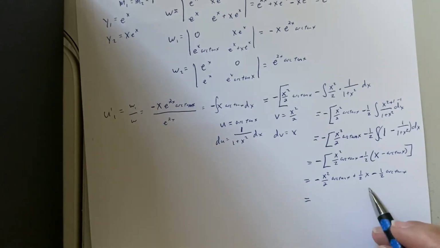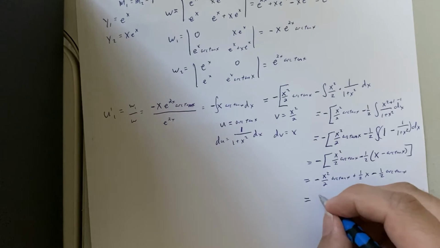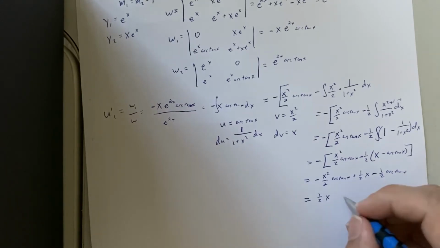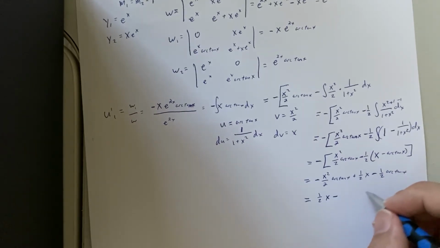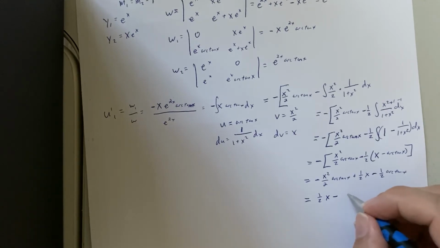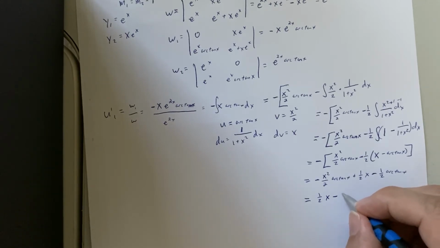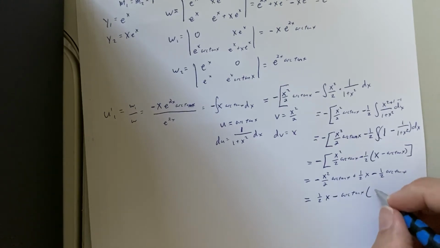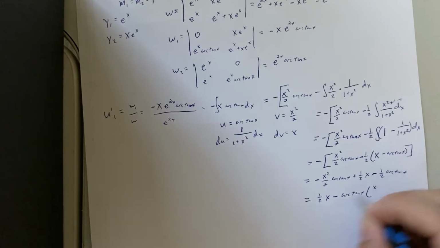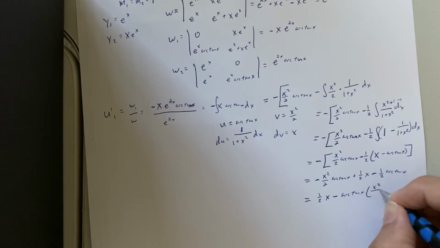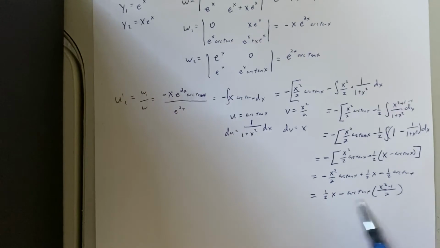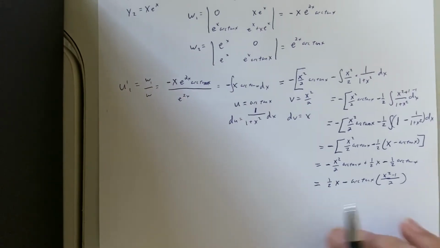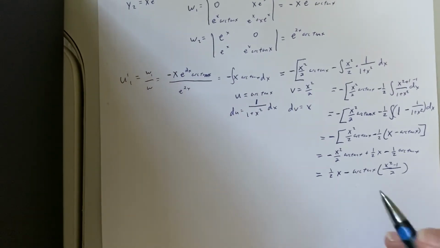And that's going to give me 1/2 x minus arc tangent x times x squared over x squared minus 1 over 2. We'll just write that for right now, and then I'll clean that up a little bit more as I write the answer to the last part.